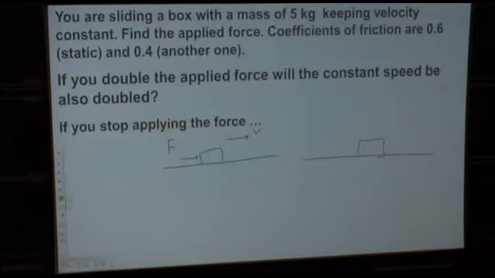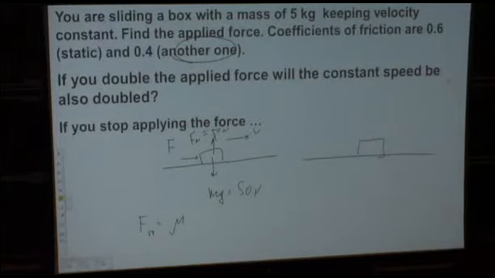So here we know that if the force of gravity is equal to 50 newtons, and the normal force, which should compensate it, has the same magnitude, 50 newtons, and it is sliding, the frictional force should be equal to the coefficient of not static friction.